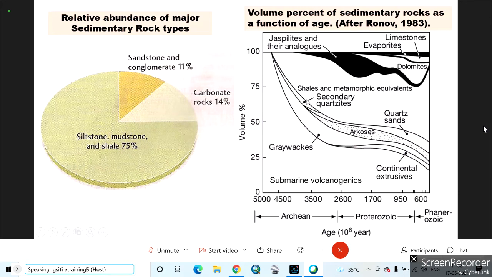One important point to notice here is the sharp decrease in the jaspilites and their analogs. Jaspilites means the ironstone formation. And there is an increase in the evaporites and limestones from the Mesoproterozoic time to the Neoproterozoic time.